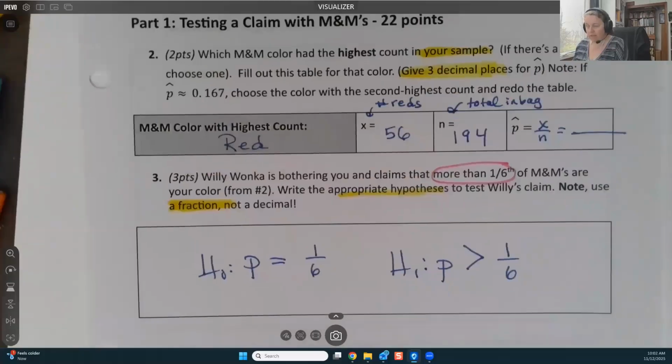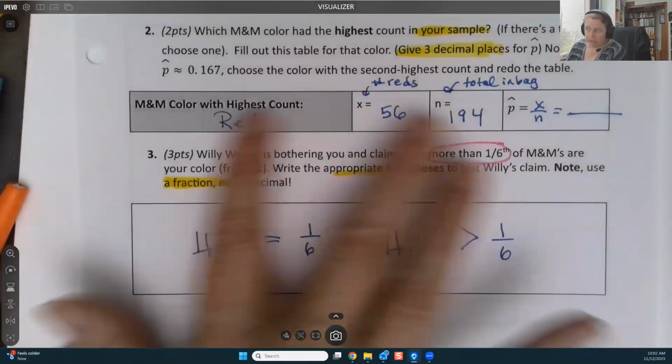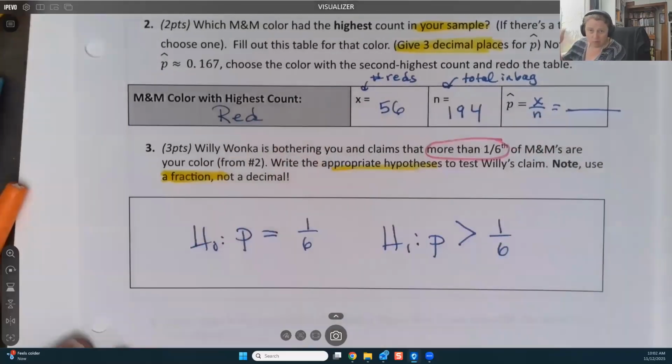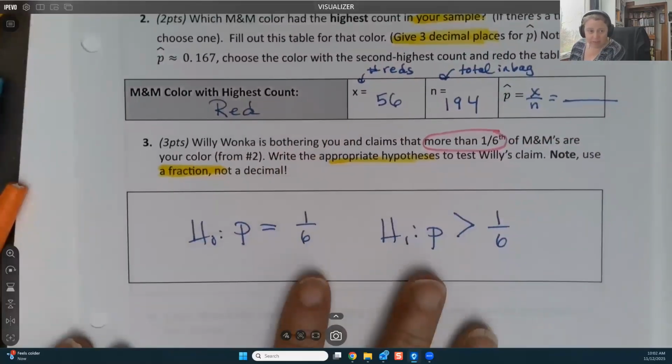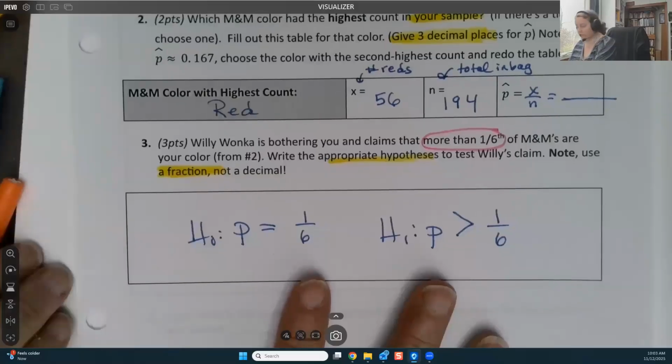Everybody, this part you all can write. Number 3 is the same for everybody. Number 2 is different for everybody, so don't write my numbers, write your own. Everybody got it? We good?